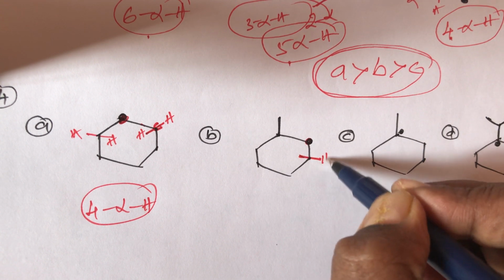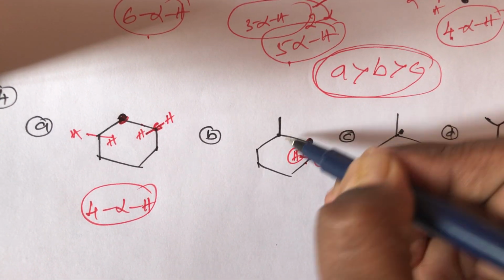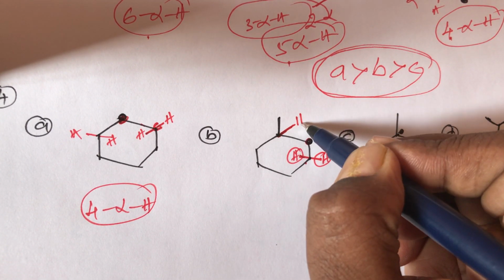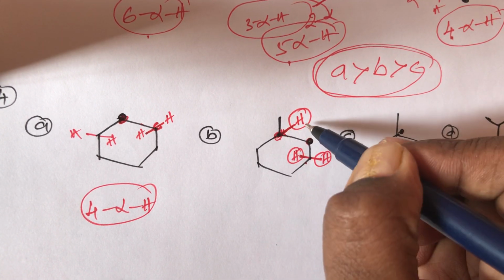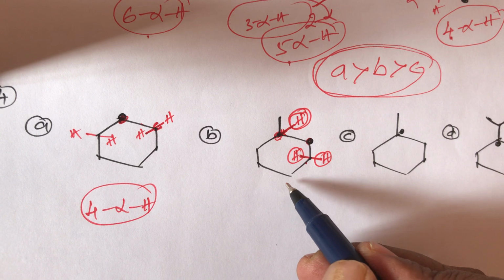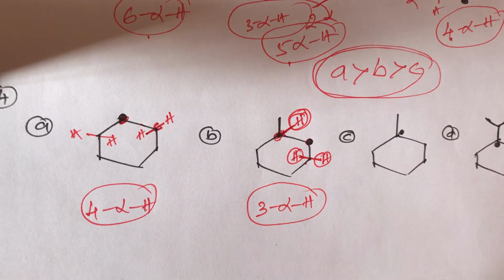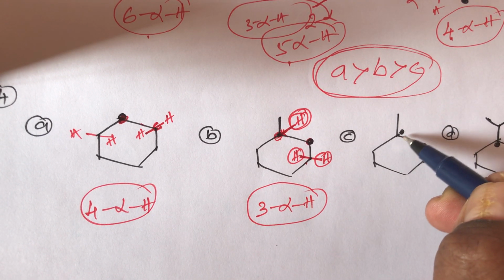This carbon is an alpha carbon with 2 hydrogens, and the upper side carbon is a tertiary carbon. This tertiary carbon has only 1 alpha hydrogen. This is also an alpha carbon, containing only 1 alpha hydrogen. So the second compound has only 3 alpha hydrogens.